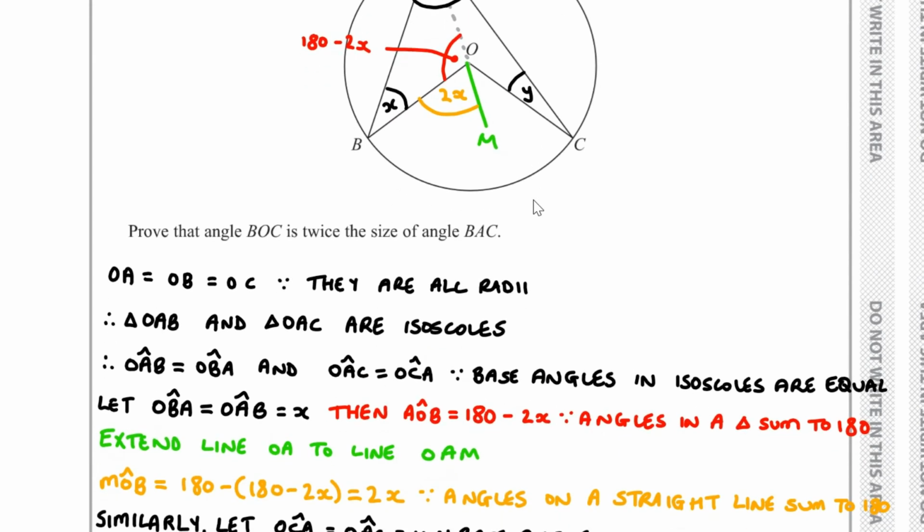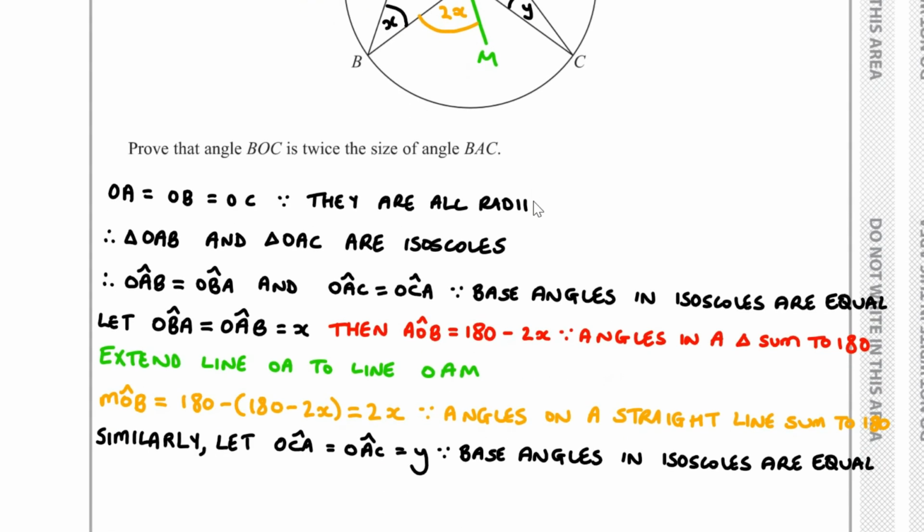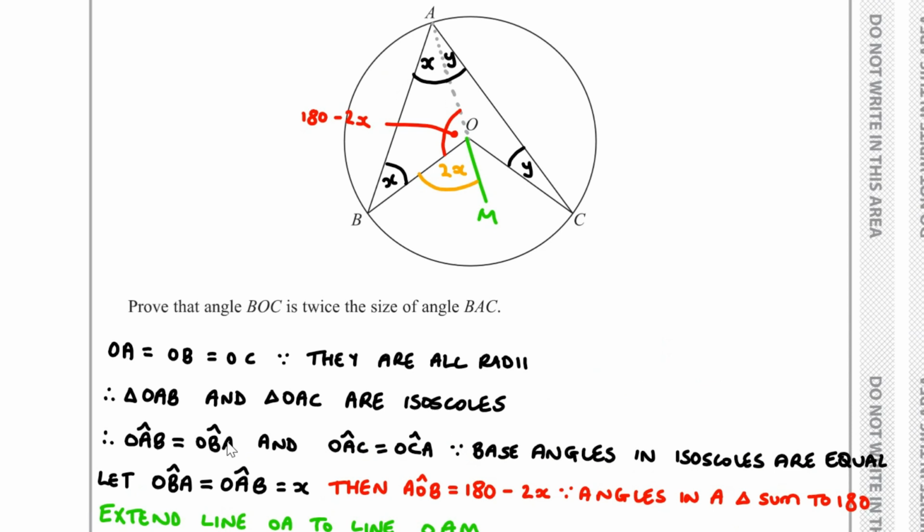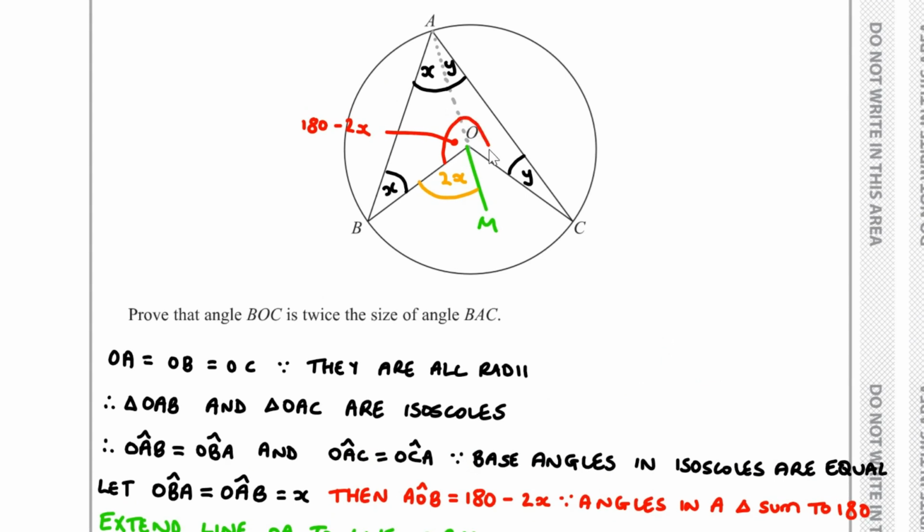So what we can now do is find out what MOC is. Well, before we do that actually, we can therefore say that this angle here is equal to 180 minus 2y.